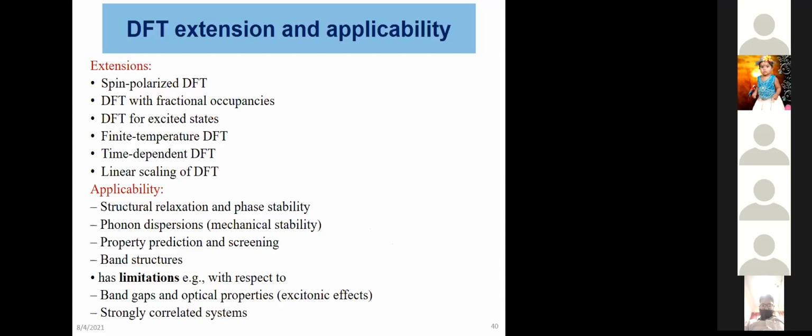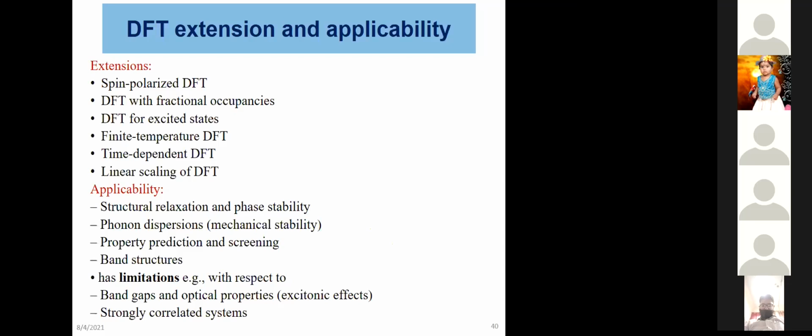So that approach can be extended for spin polarized DFT. That is, we will now consider two kinds of spin, spin up and spin down electrons in our calculation, and nothing will change, but our wave function in the Hartree-Fock approach, which has a position for one spin, either up, will then have other coordinates for our down spin.